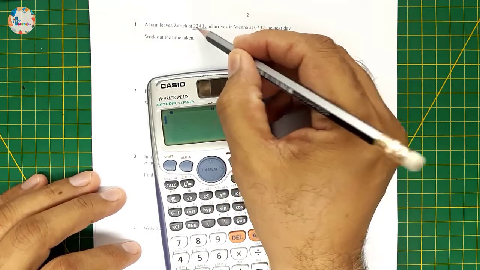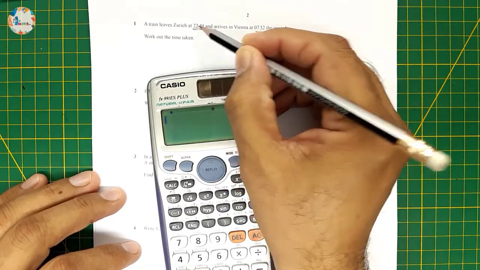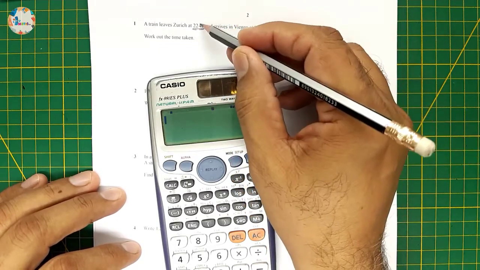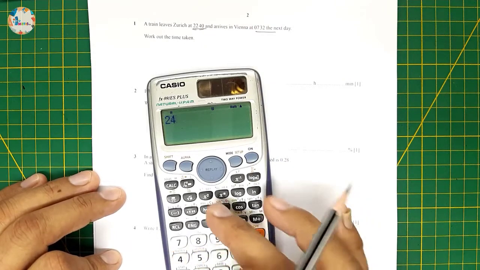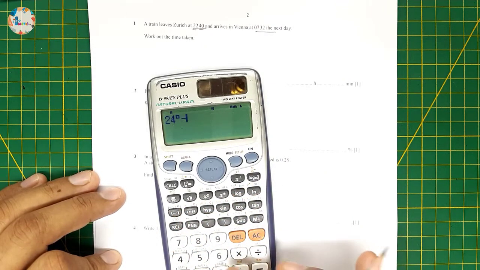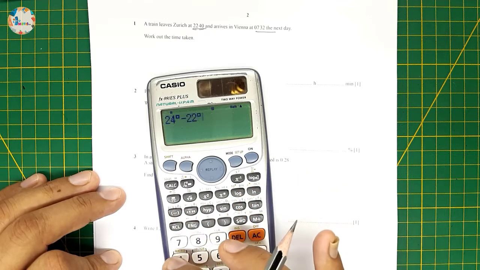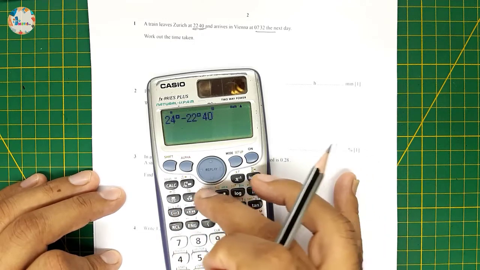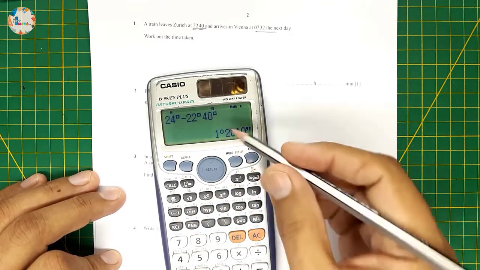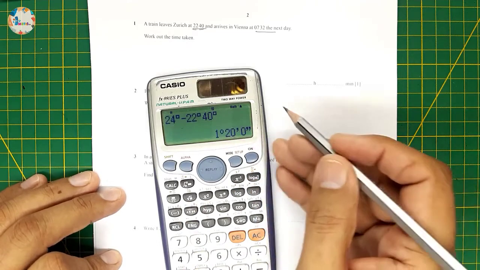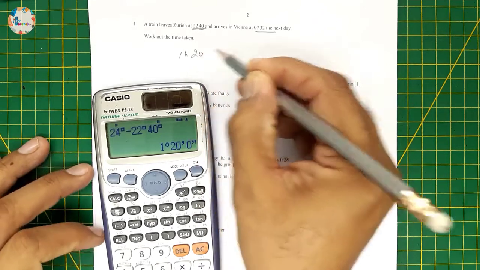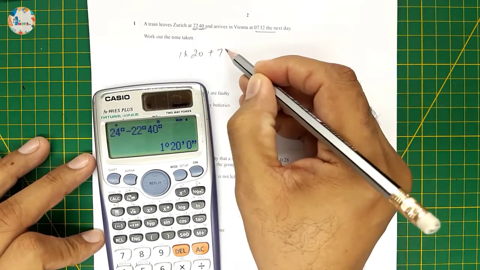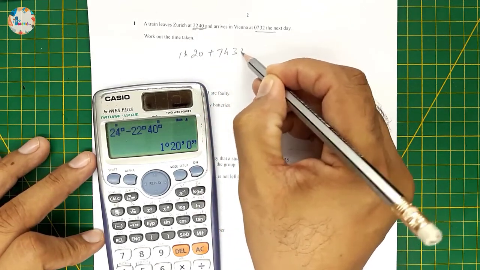From 22:40 up to midnight will be 24, so we will write 24 hours minus 22 hours and 40 minutes. This will be 1 hour and 20 minutes. Then 1 hour and 20 minutes plus 7 hours and 32 minutes.